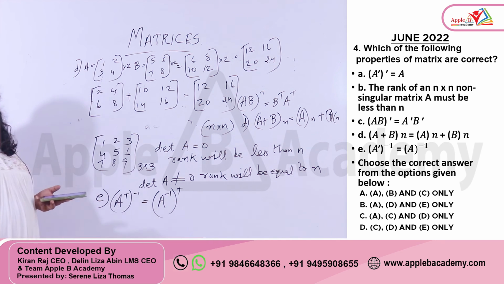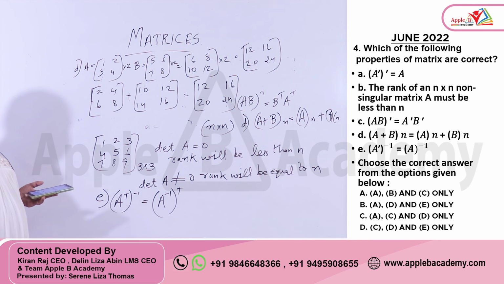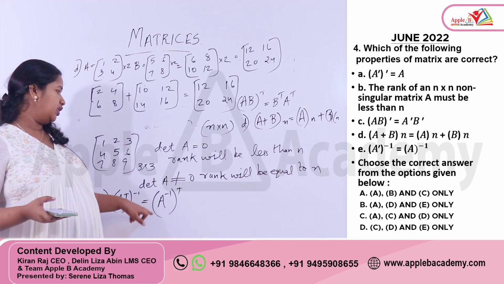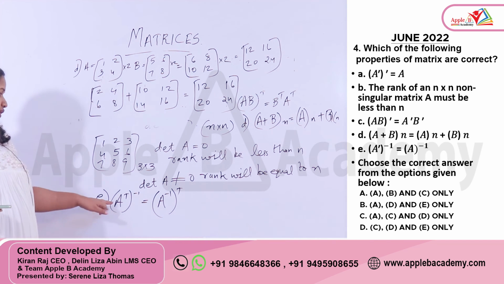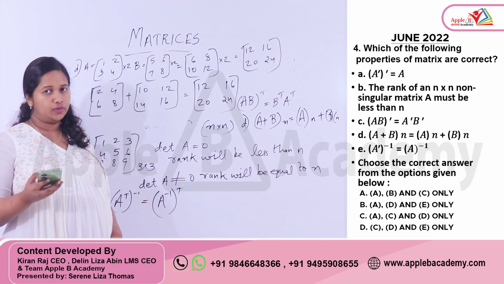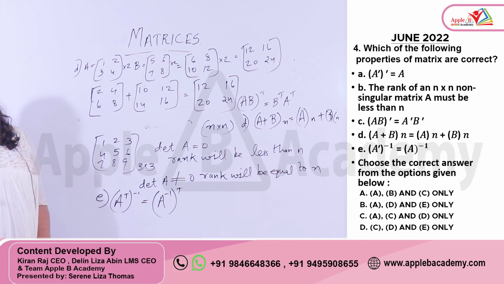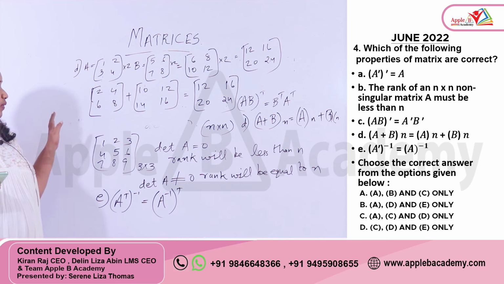If this was the statement, then it would have been correct. But here it's given A transpose the whole inverse is equal to A inverse. No, that is not correct. Okay. So, I'll just explain it once more.